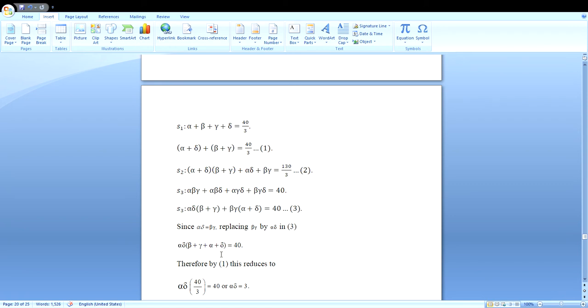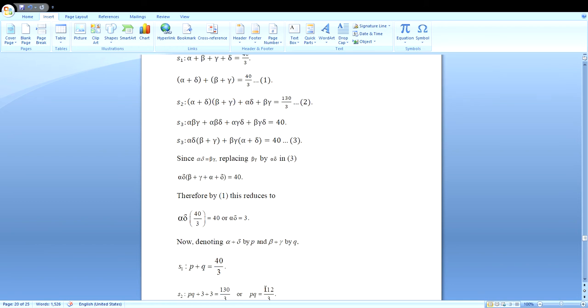Since we have alpha delta equal to beta gamma, we can replace beta gamma by alpha delta in 3, and therefore we get alpha delta into beta plus gamma plus alpha plus delta equal to 40. Therefore, by 1, this becomes alpha delta into 40 by 3, substituting the value of alpha plus beta plus gamma plus delta, is 40. Or alpha delta equal to 3.